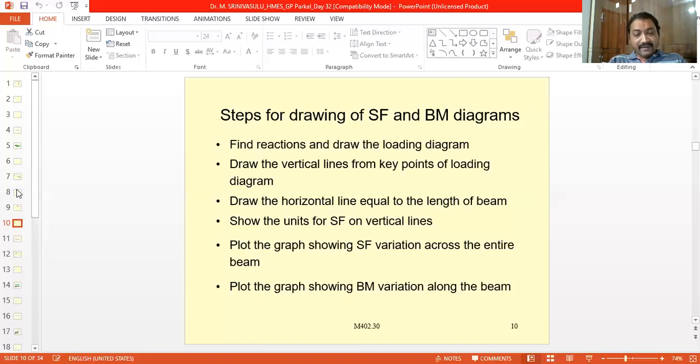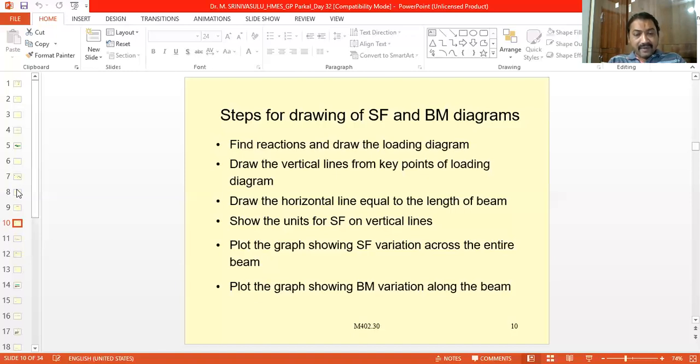Generally we have to construct two diagrams here. One is for the shear force, and the second is for the bending moment. First we draw the horizontal line equal to the length of the beam for the shear force. Then show the units of the shear force on the vertical lines. We have to show how much shear force is acting at different points on the vertical lines.